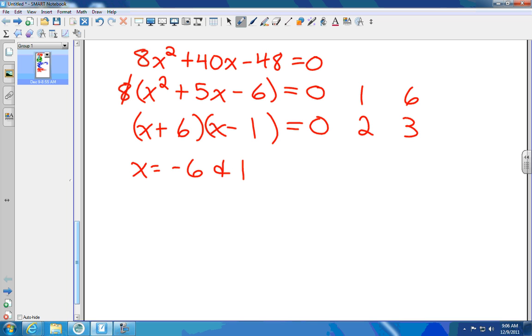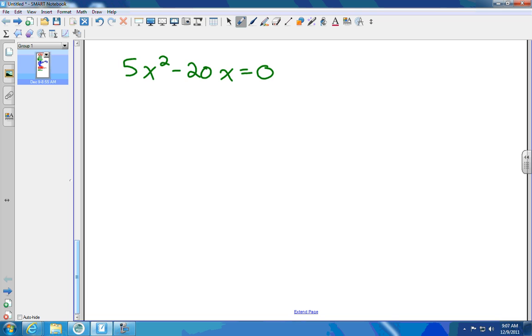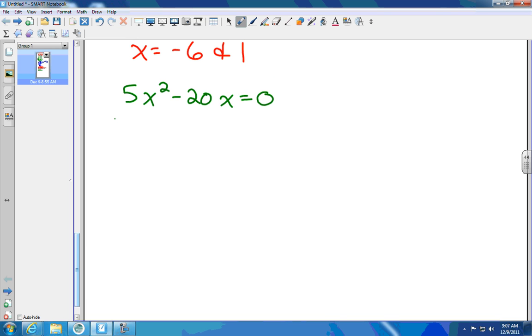Number 5. 5x squared minus 20x equals 0. Common term? Take a 5, is that it? Take a 5x out.